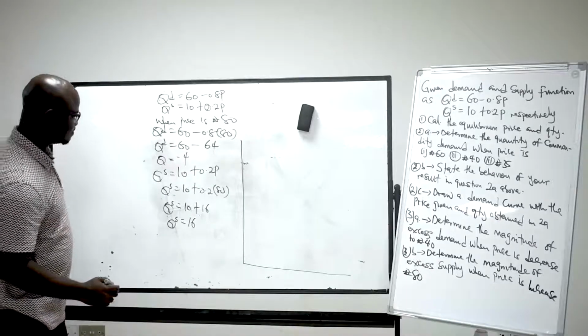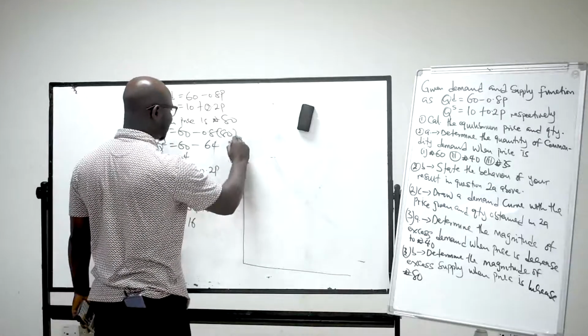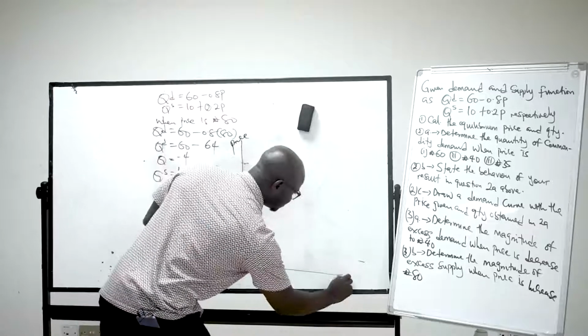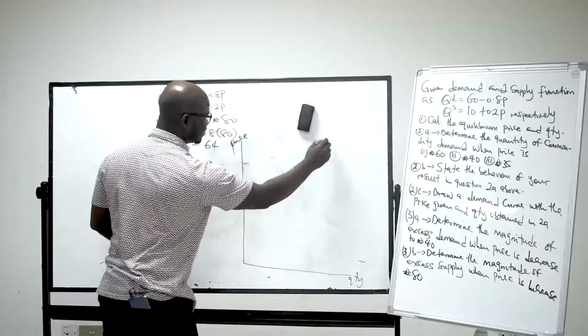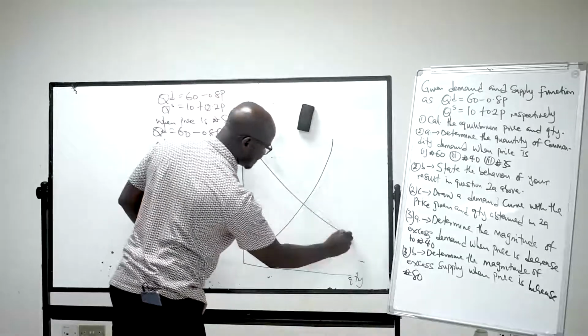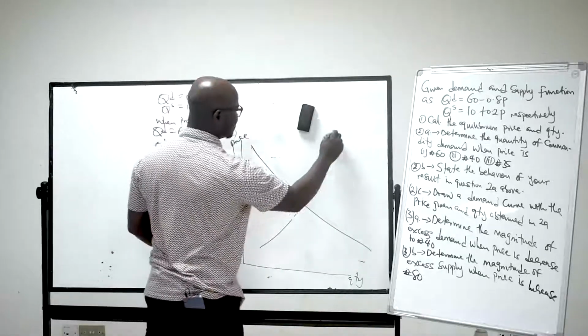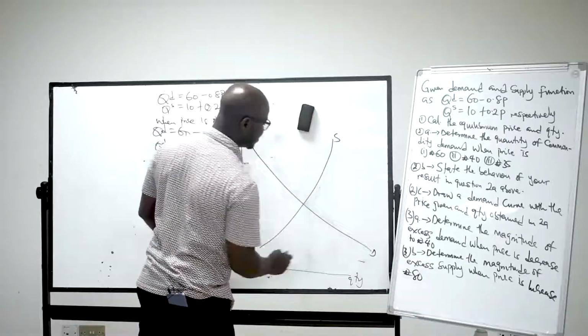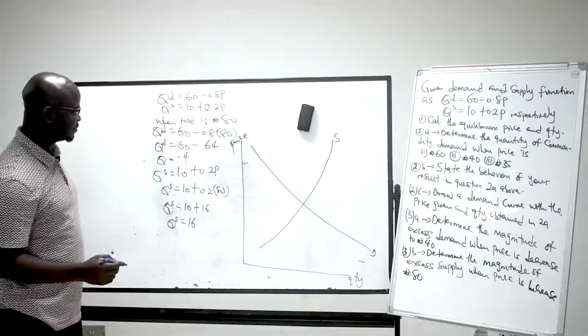So let's say we have price here, then we have quantity. This is supply, this is demand, right?